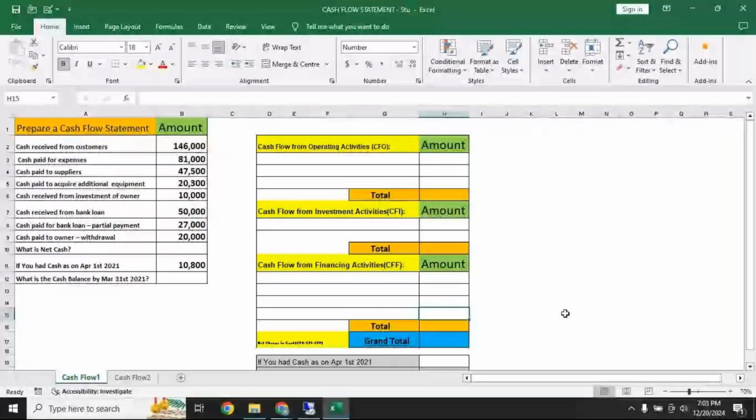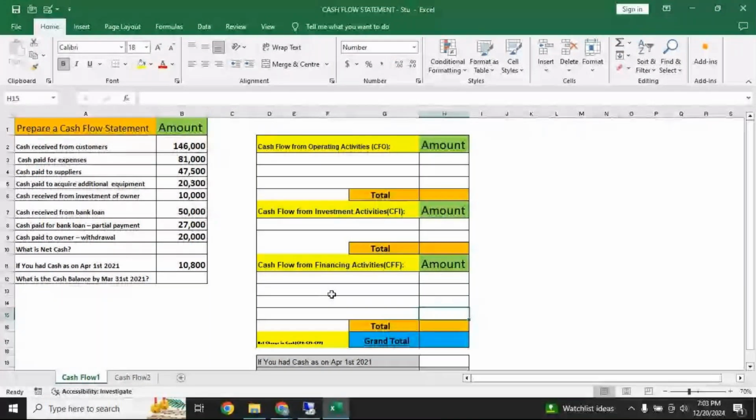Cash flow from financial activities, operating activities, and investment activities: CFO, CFI, CFF. So cash flow from operating, cash flow from investing, cash flow from financing. Here the line items are given. You need to understand which has to come in the CFO, which has to fall in the CFI, and which has to fall in the CFF.